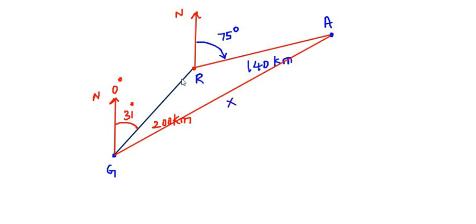So this is 200 kilometers. Let me write it again above to avoid confusion. Okay. So this was 200 kilometers and this is 140 kilometers and this is x.